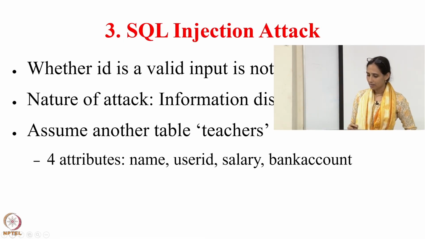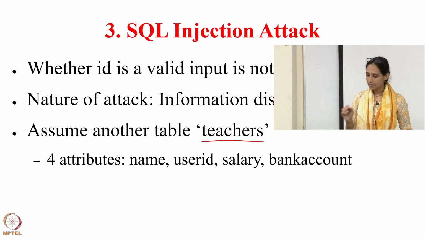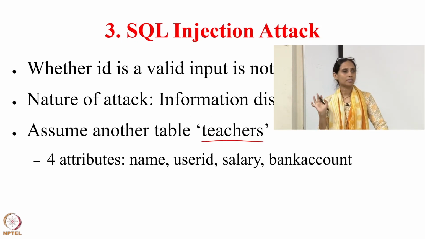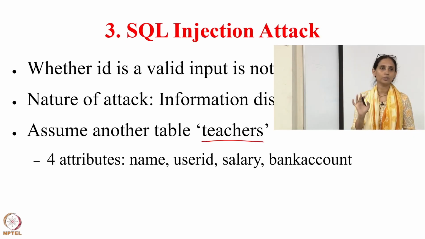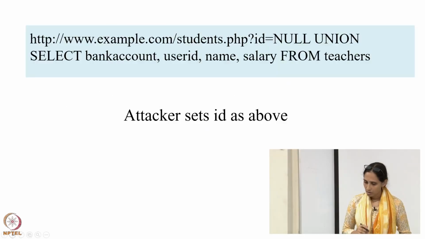So, to illustrate it, let us say there is a table called teachers, and this table teachers has 4 attributes, which is name, user ID, salary and bank account. So, the database has this table with this data, teacher's data, and you want to get hold of this information. It is not revealed to you, but somehow you want to get hold of it. So, what do you do?